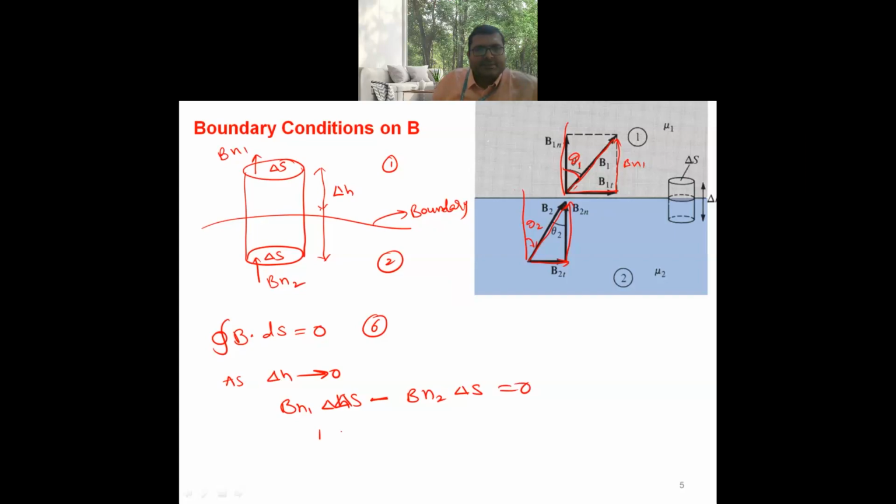That is, Bn1 minus Bn2 into delta S is equal to 0. Here, delta S cannot be equal to 0, so the term Bn1 minus Bn2 must be equal to 0. Then we get Bn1 is equal to Bn2. This is the second boundary condition.